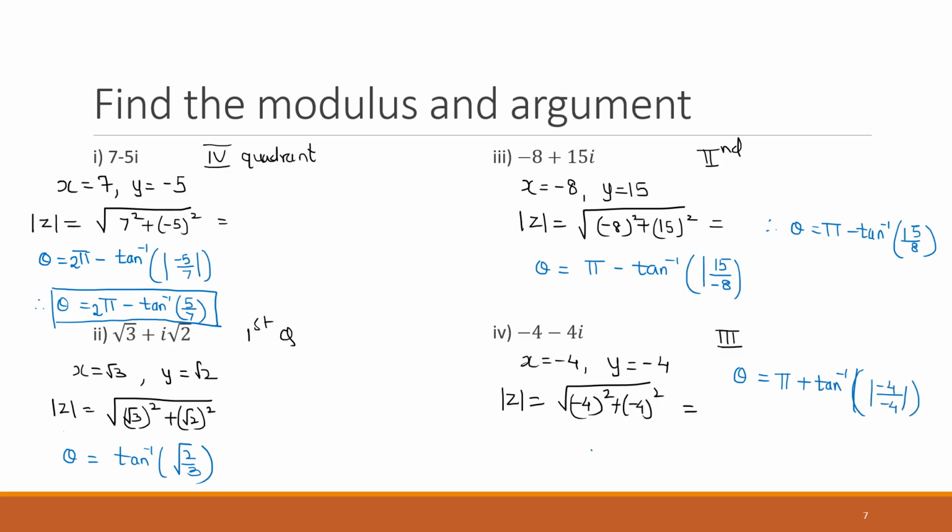That is my theta will be pi plus tan inverse 1. अंडरस्टूड? हाउ टू फाइंड मॉडुलस आर्ग्यूमेंट? इस मॉडुलस आर्ग्यूमेंट का फिर से रिवीजन होगा, because we need to use this modulus argument to solve our further sum. Understood? How to find modulus and argument of a given complex number?